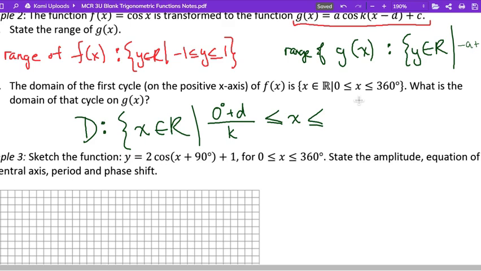And on the other end of the domain of the first cycle is 360 degrees. Again, horizontal phase shift divided by k. This one, again, horizontal is always the trickier one. Now, this would change if I said on the first two cycles, right? Then we're punching in 0 to 720.